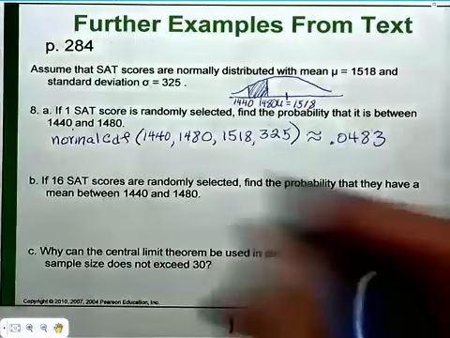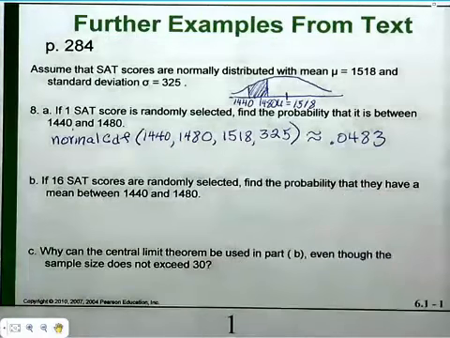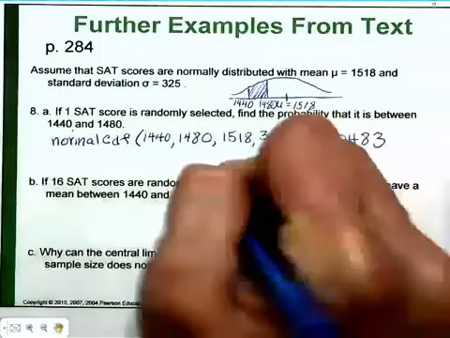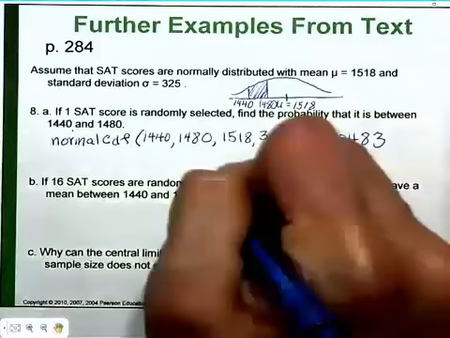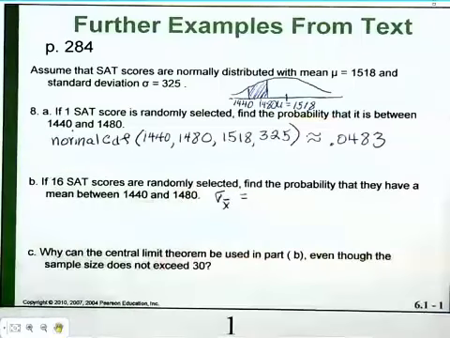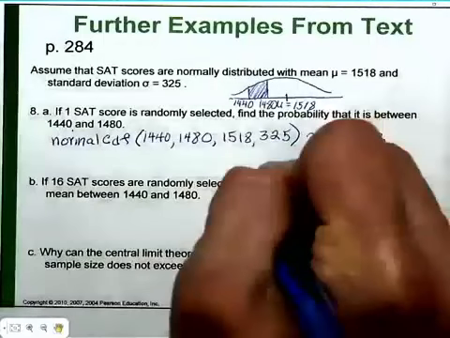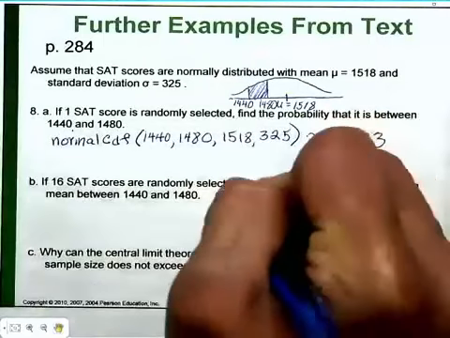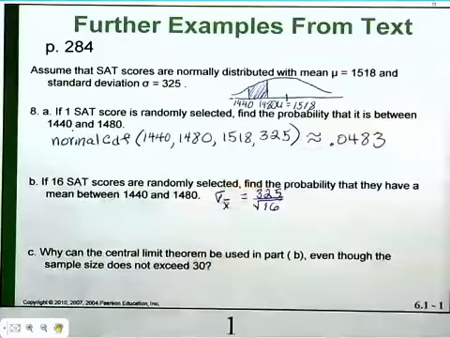You can calculate, that's supposed to be sigma, it kind of looks weird, the standard deviation of the sample means by taking the population standard deviation and dividing it by the square root of the sample size.